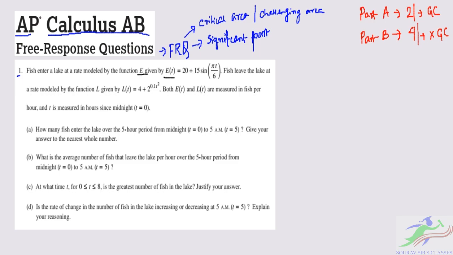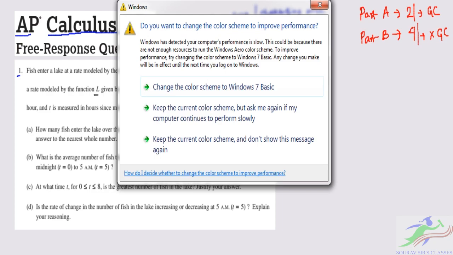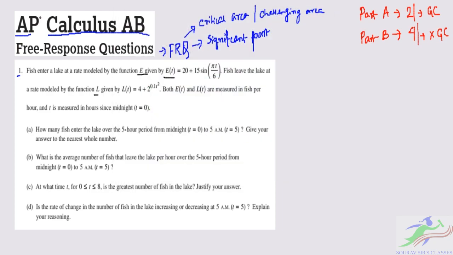Fish leave the lake at a rate modeled by the function L given by L(t) = 4 + 2^(0.1 t^2). Both E(t) and L(t) are measured in fish per hour, and t is measured in hours since midnight, t = 0.